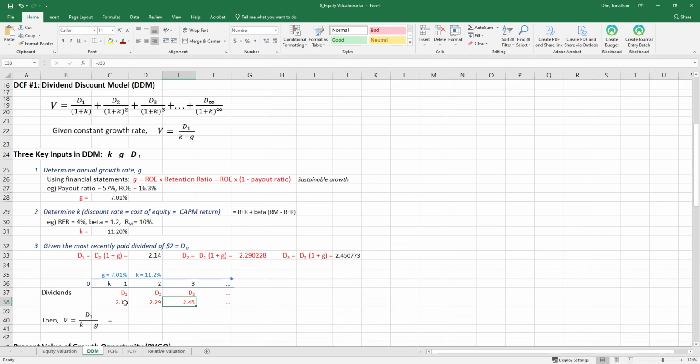So this is the expected dividend cash flow at the end of this year, next year, the following year, and so on and so forth.